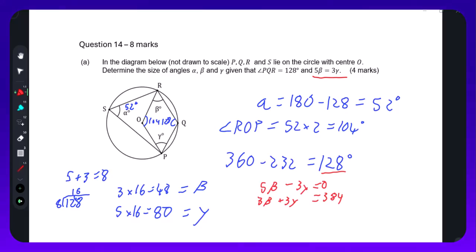You do top line, add bottom line, that will get you 8 equals 384. And when you do your 384 divided by 8, you'll get the same thing as what we got before. 4, 6, 8, your 48 equals your gamma. And then from there you'll be able to figure out your y as well. So that's how we solve that one.